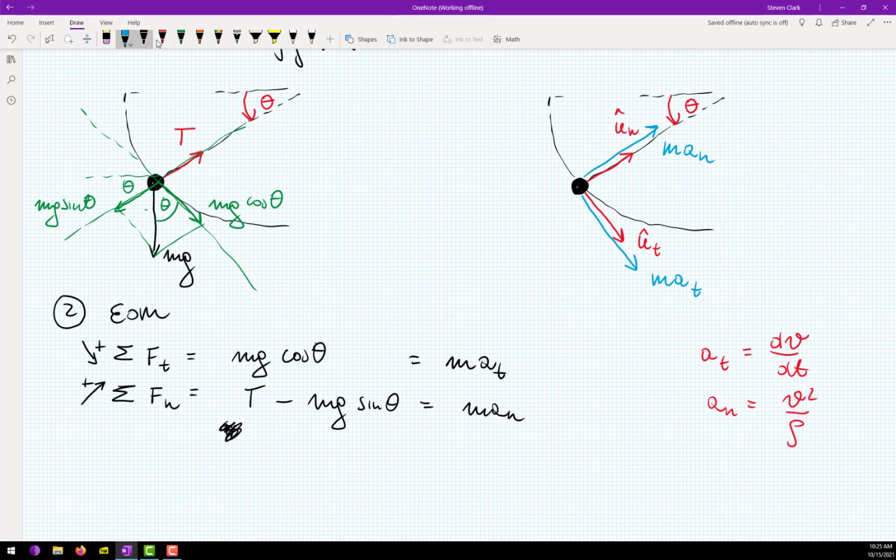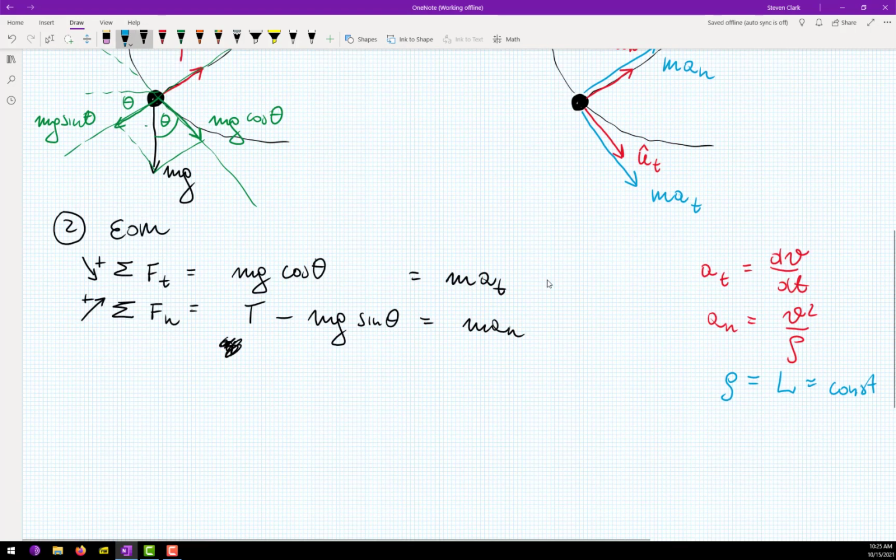And very quickly, I need some help again. What is rho in our example, John? L, exactly. Rho is L, which is not known, by the way, but we will introduce it, and L is constant. So let's plug it in.